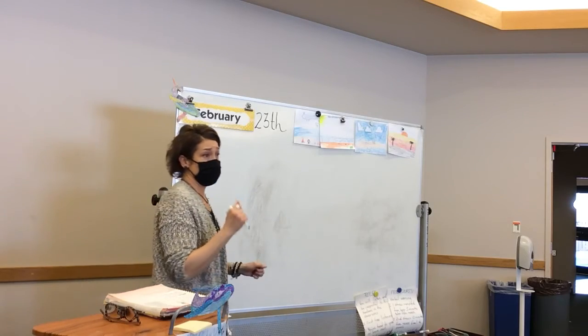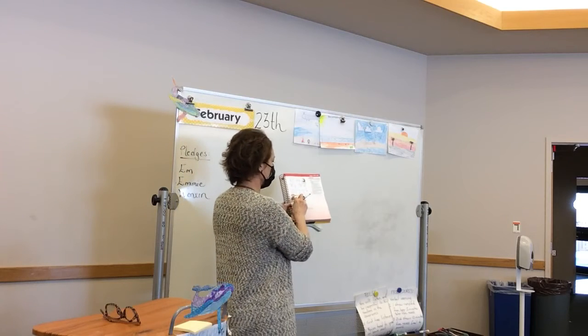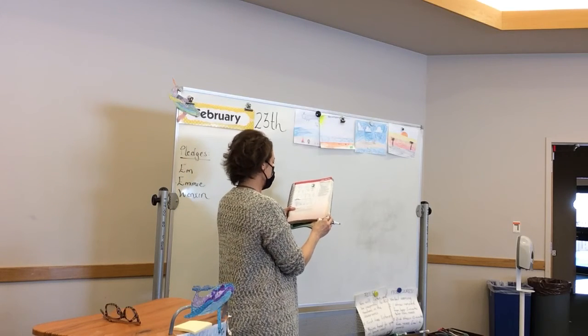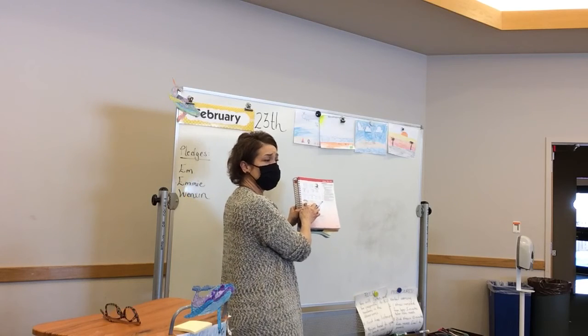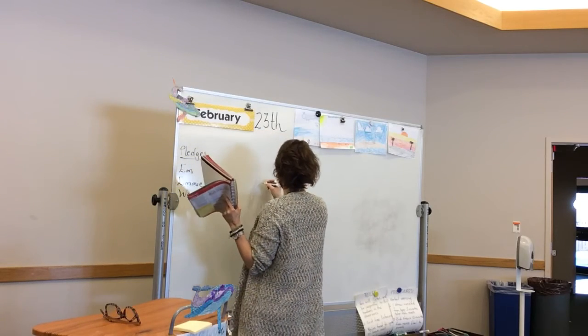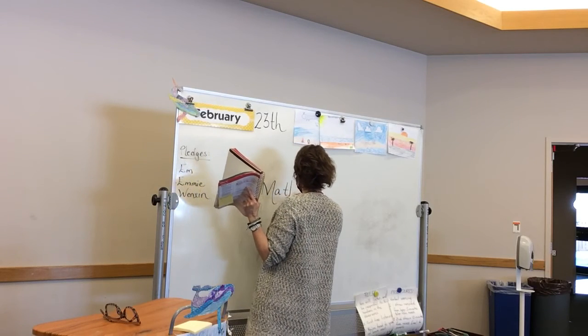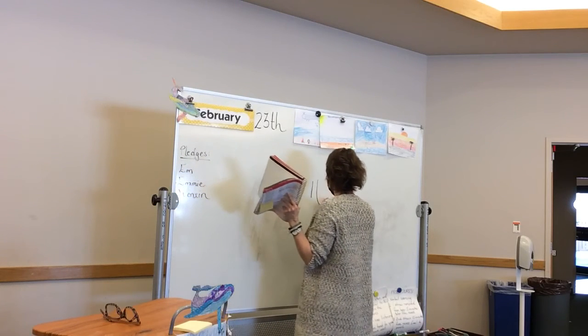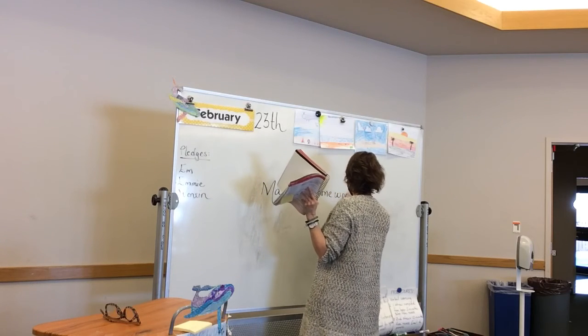If you have time to do it during class, awesome. But homework is going to be homework on page 144. You see the section under Brain Booster, it says homework. That is your homework. What a concept. So get out your planners and write this down.